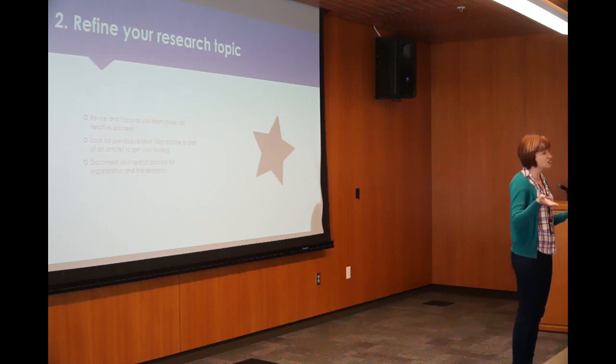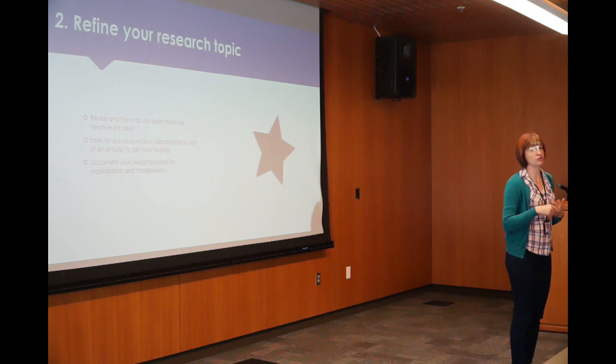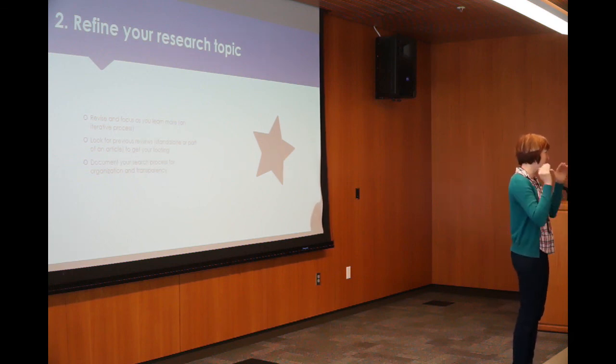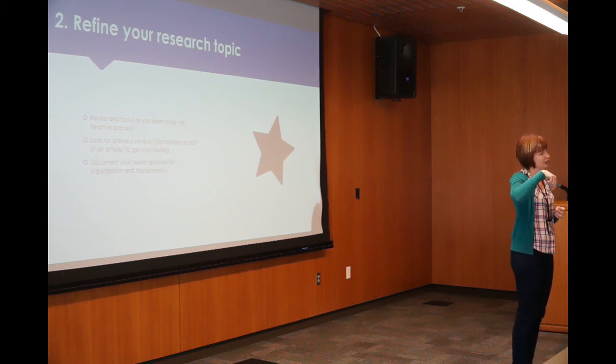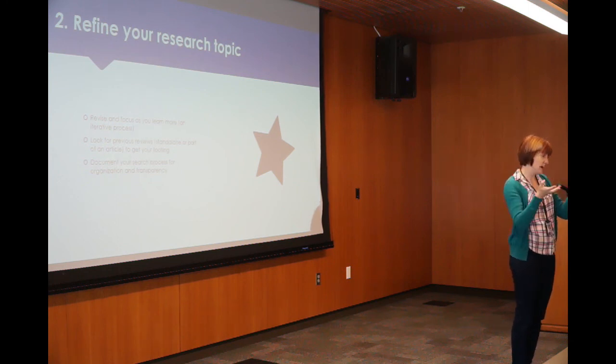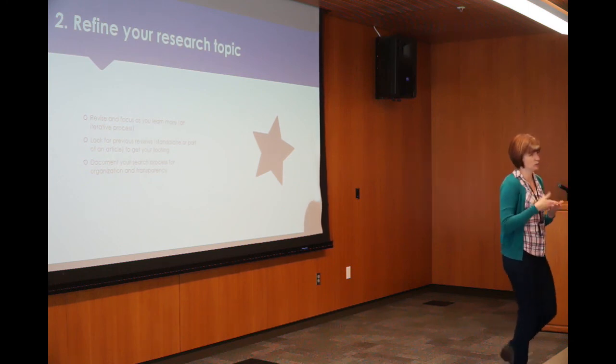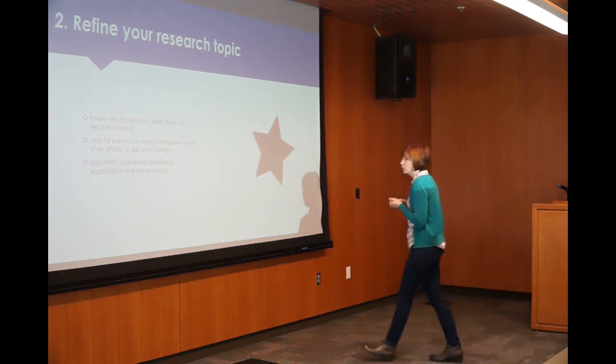But there are articles that are just reviews. At the end, if you remind me, I will show you how to find these. There's usually a little button where you can select reviews and it'll just bring up reviews. And if you're lucky enough to have a standalone scholarly review written in your area, it can be really helpful.